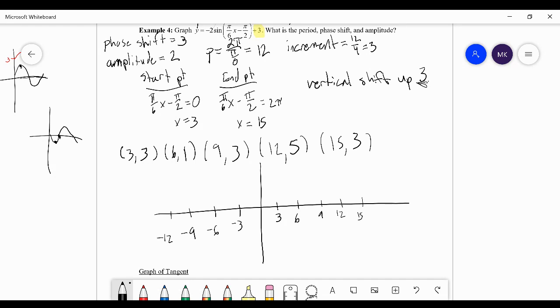Now, I know we are at 3, 1, 5, 3, 3, 6, 1. And we can get this nice little graph. Okay.